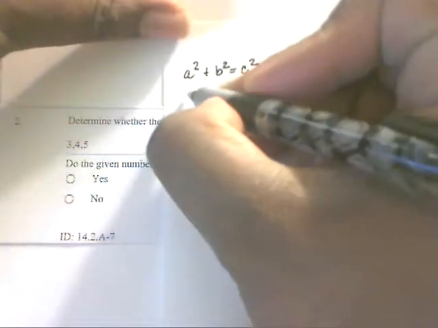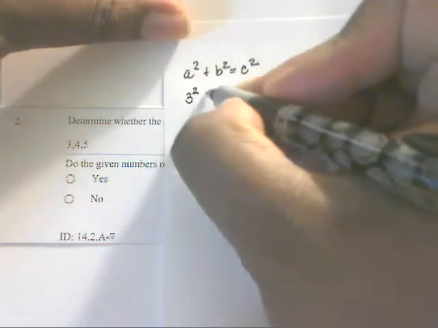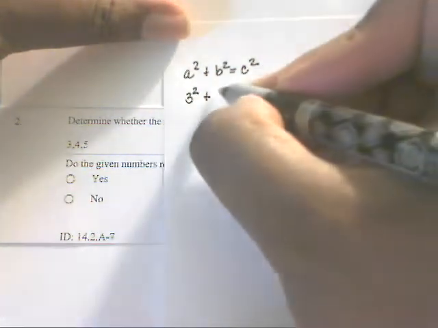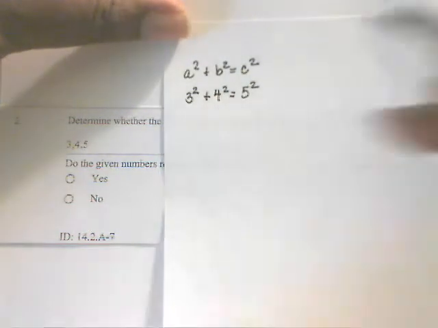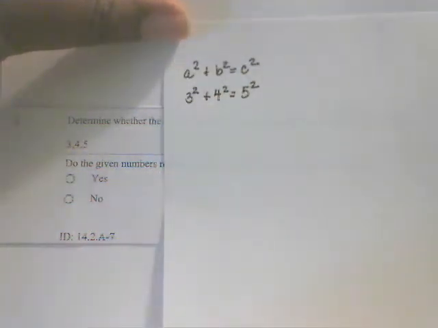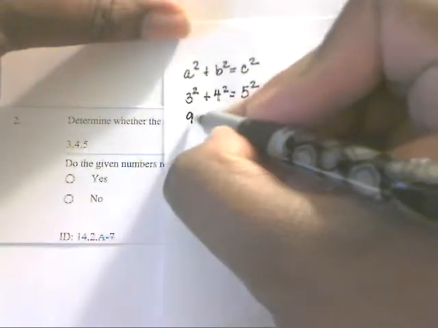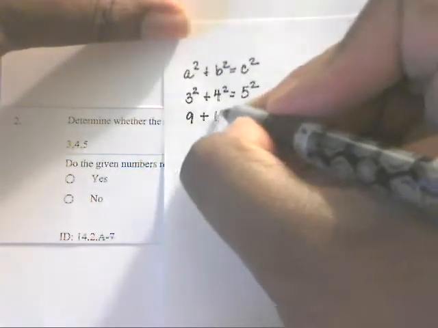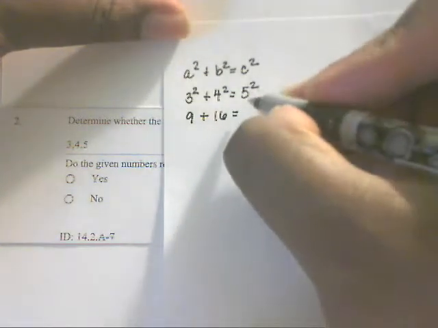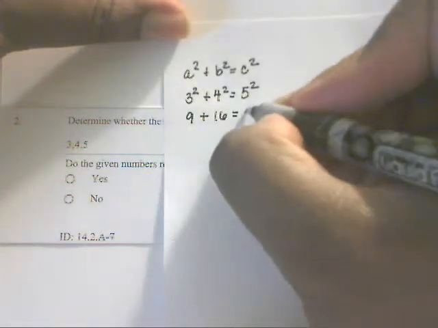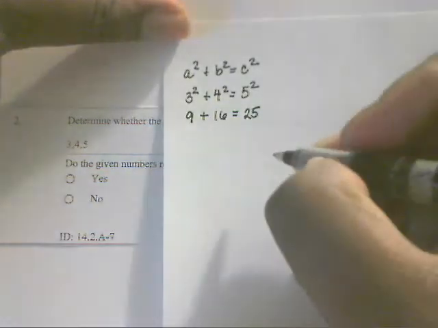So I'm going to replace the A with 3, so that'll be 3 squared plus B is 4, 4 squared, is equal to C, that's 5 squared. So 3 squared, or 3 times 3, is 9, plus 4 squared, which is 4 times 4, that's 16, and that should equal 5 squared, or 5 times 5, which is 25.